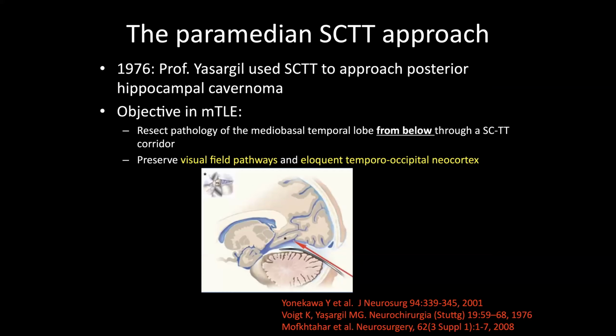And that really is the cornerstone and the rationale of this approach, whose objective is to resect pathology of the medial basal temporal lobe from an inferior approach through a suboccipital craniotomy, passing above the cerebellum and through the tentorium in order to reach and remove pathology of the medial temporal lobe while preserving both visual pathways and the eloquent white matter and cortical structures that are at risk with other approaches lateral to the medial structures.